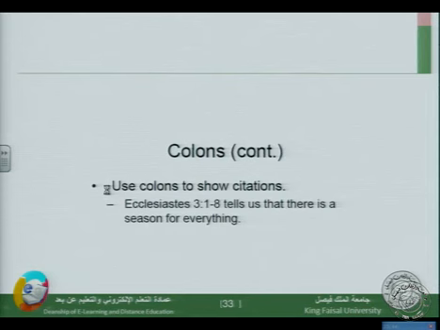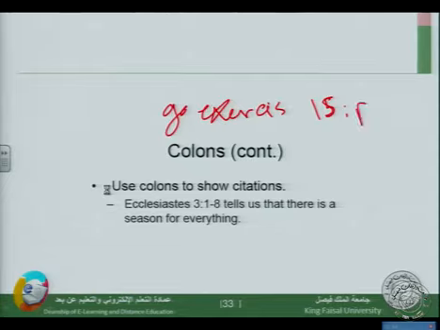Citation means if you want to cite, for example, the page of a paper or a book you have read. For example, go to exercise 15, page 12. Notice I show citation right here.